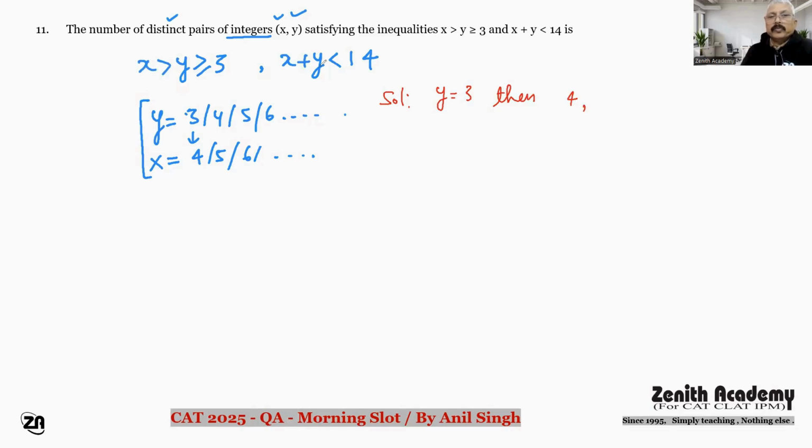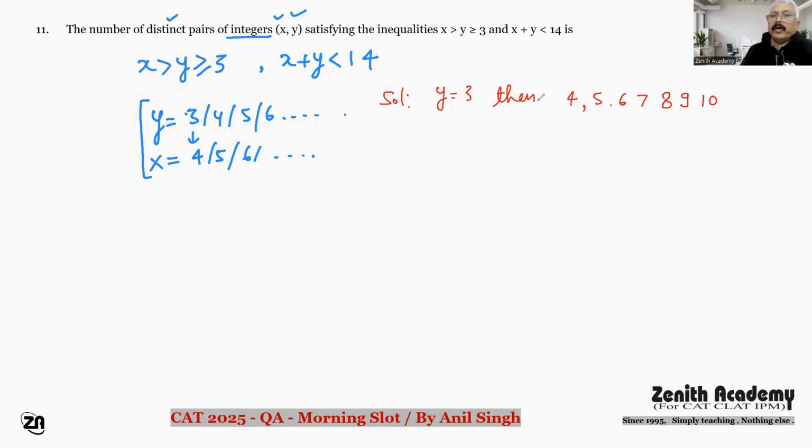3 plus 4 is 7, which is less than 14. It can be 5. 5 is greater than 3. So 5, 3, 8 is less than 14. Similarly, 6, 3, 9. 7, 3, 10. 8, 3, 11. 9, 3, 12. 10, 3, 13. Because if you take 11, then 11, 3, 14, and 14 is not less than 14.